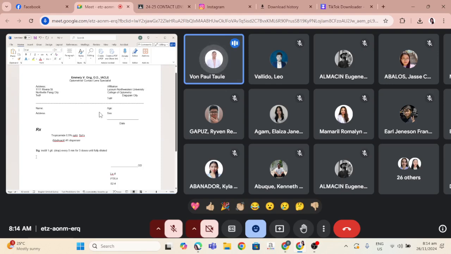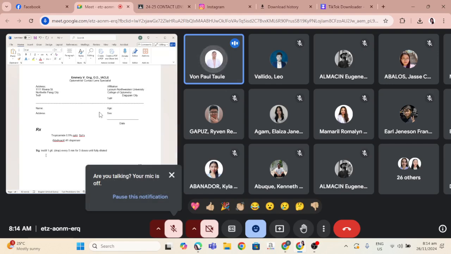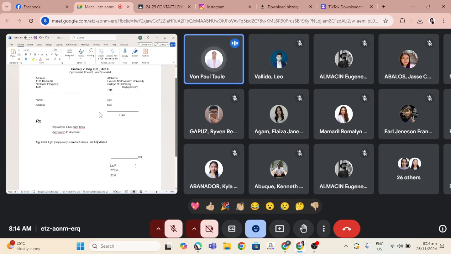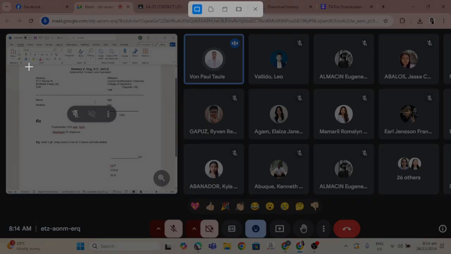And for some medications, we also have labeling or refilling information. After the labeling and refilling information, there is also the prescriber's signature, license numbers, PTR numbers, and the S2 number. In this prescription, we do not have any refilling information, because this one is a prescription for a diagnostic agent.